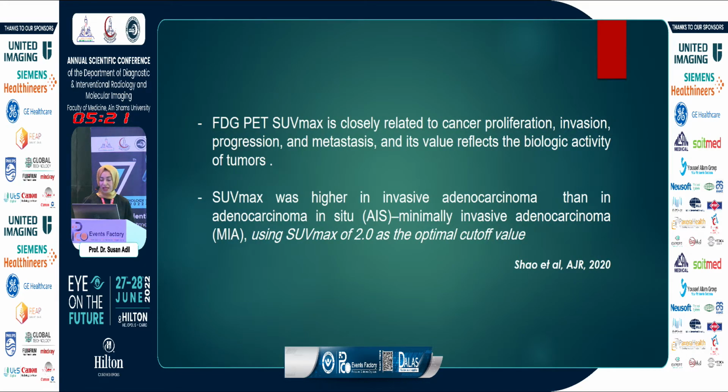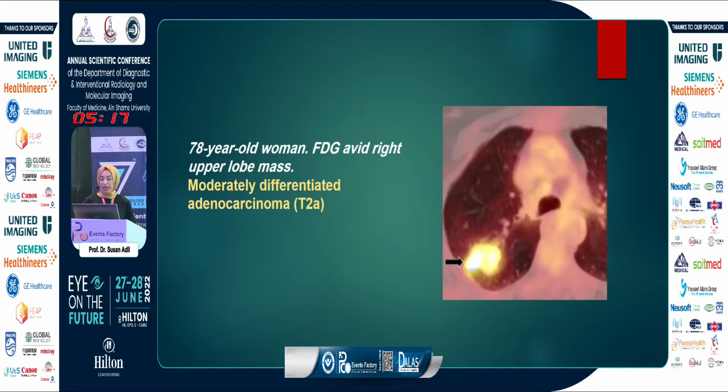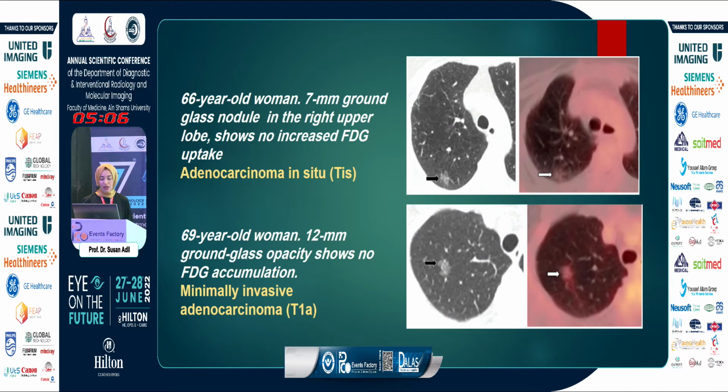Also, high SUV max is associated with aggressive tumors, as in this case with moderately differentiated invasive adenocarcinoma showing high FDG avidity, in contrast to the adenocarcinoma in situ and minimally invasive adenocarcinoma that show low-grade FDG uptake on corresponding PET images.